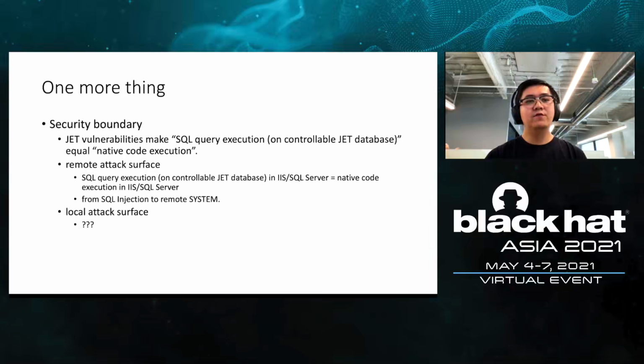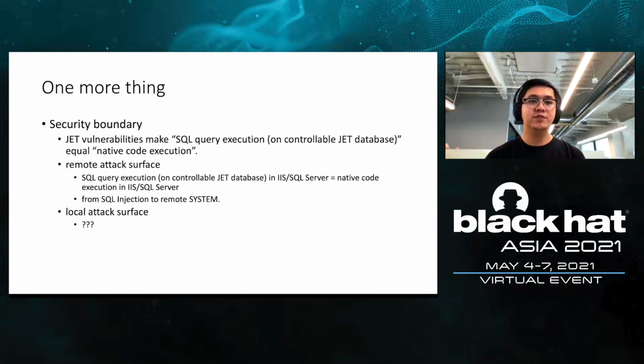What's the essence of JET vulnerabilities? Think about it. From our perspective, it makes SQL query execution equal native code execution. It is a very powerful capability since there are a lot of system components using JET and allowing SQL query execution.